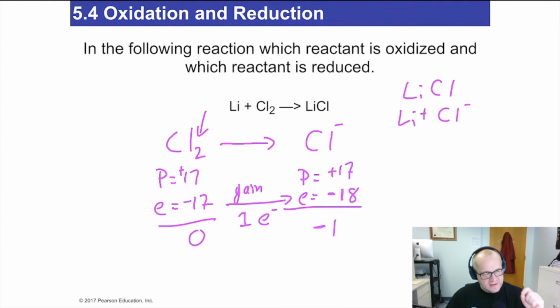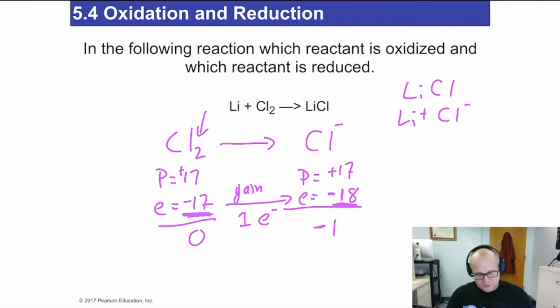Think about electrons not as negatively charged particles. Think of them as golf balls or tennis balls or whatever ball you want. Over here, I have 17 balls, and over here, I have 18 balls. So I've gained a ball. Those balls happen to be negatively charged, but we've gained a ball.